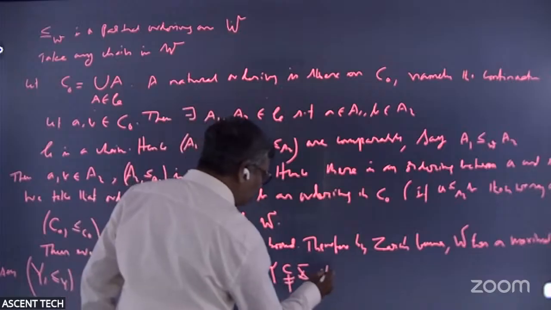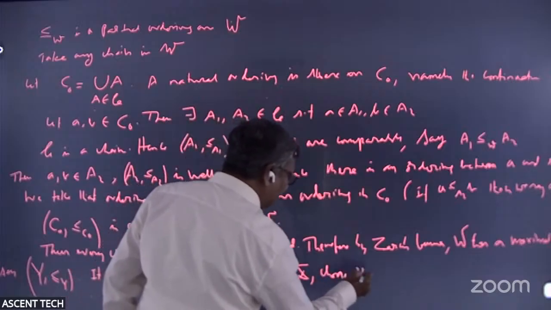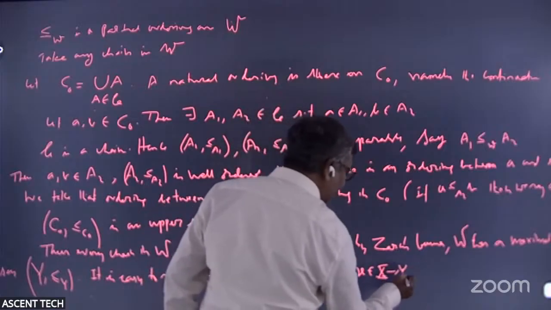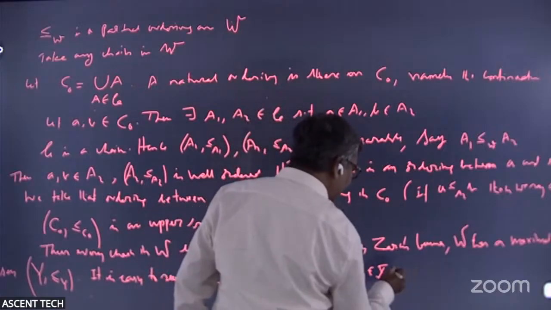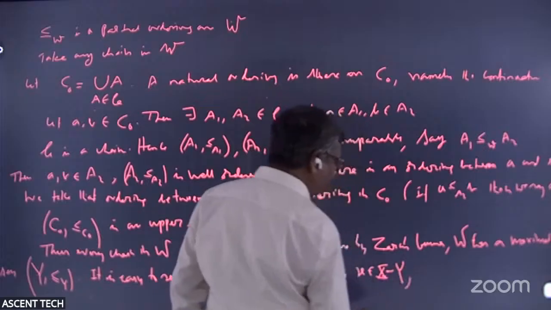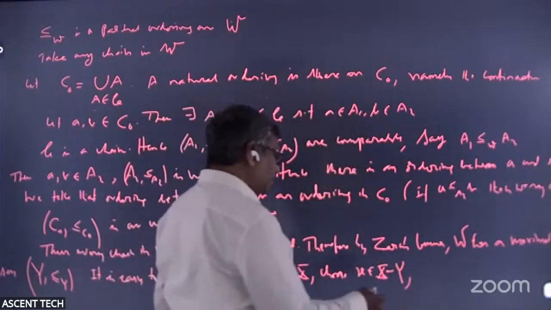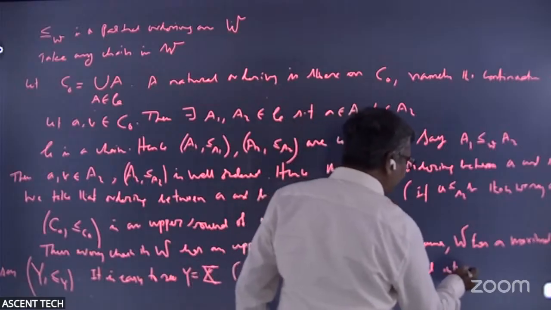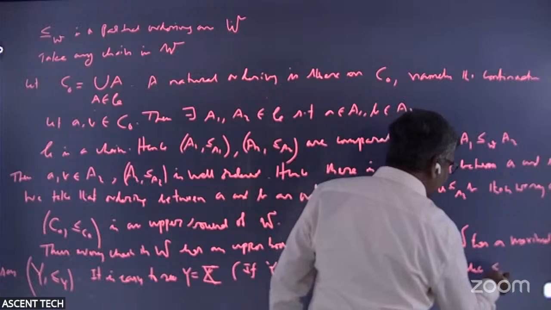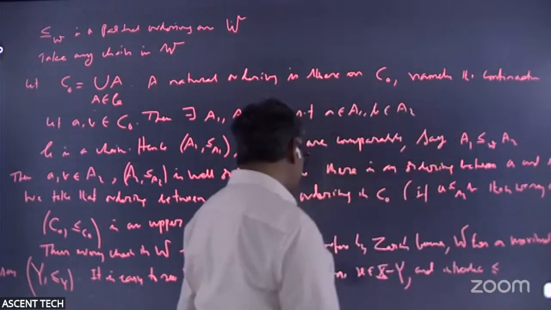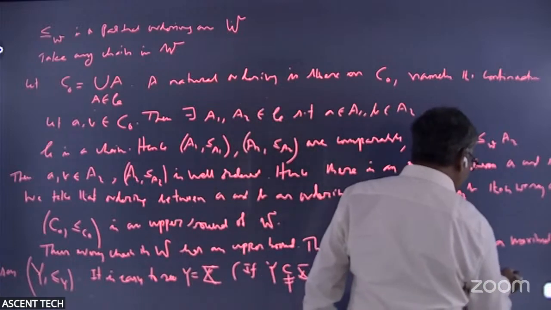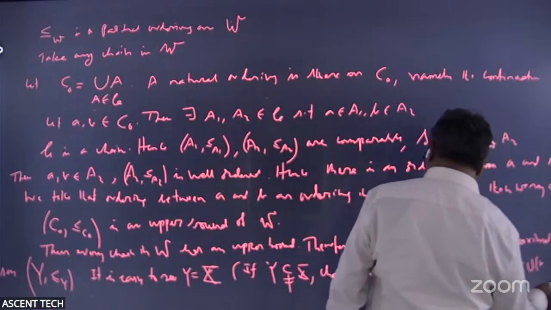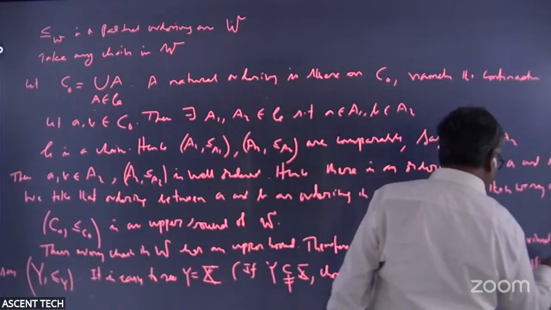Choose some element x in x minus y, and introduce a particular ordering on y union this extra element x.